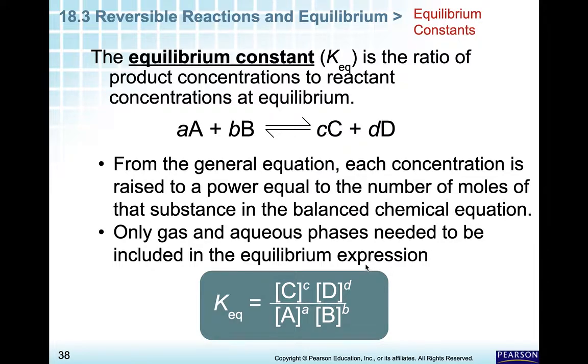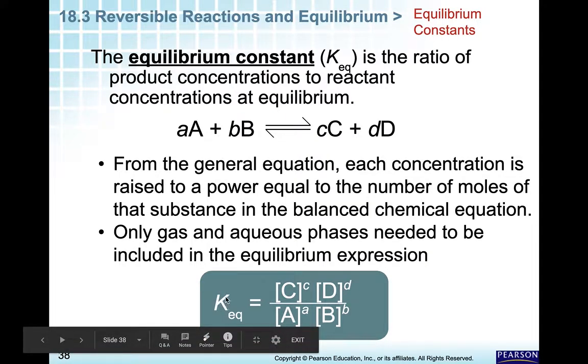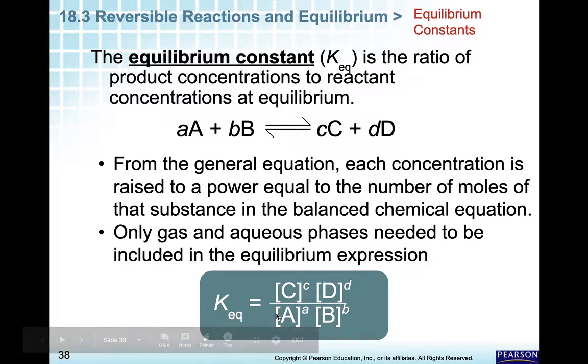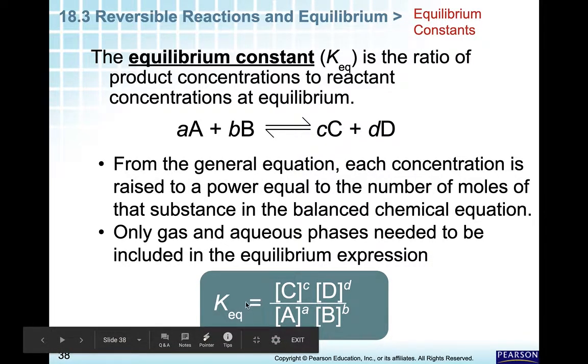Let's say that this number K is really large, way bigger than 1, a huge number. What does that tell us? Which one of these, products or reactants, numerator or denominator, is going to be bigger?